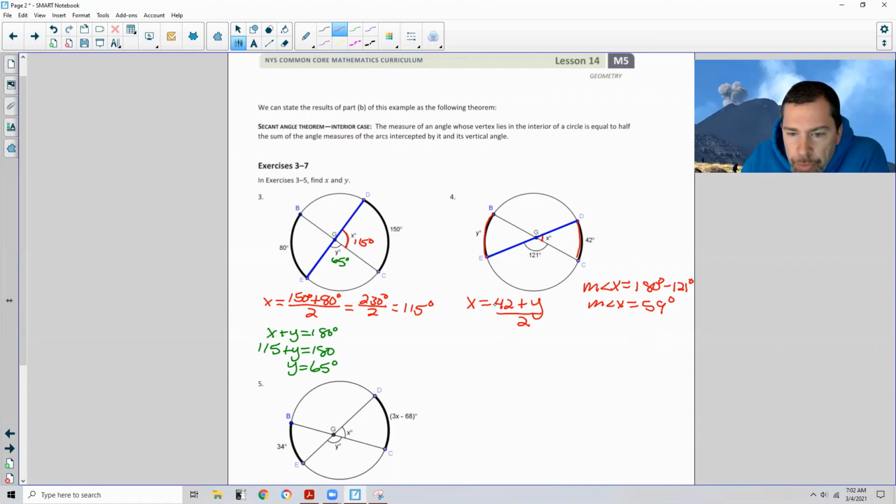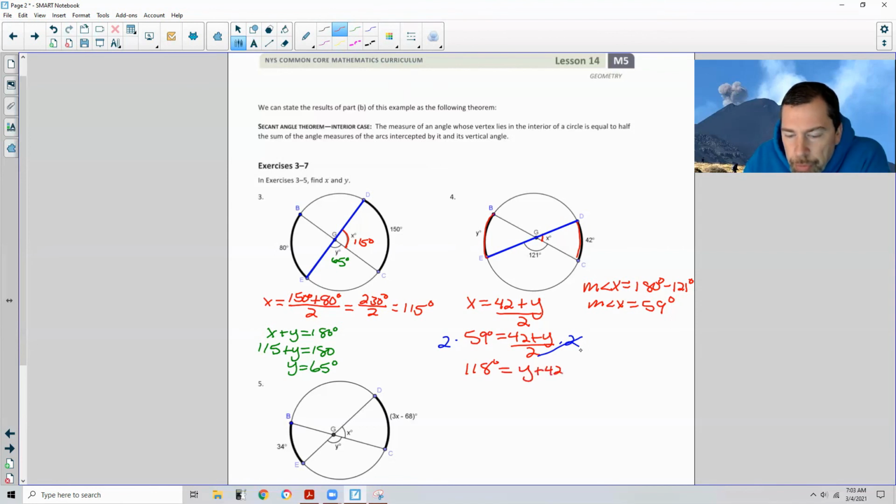The angle equals the sum of the arcs divided by 2. Now I know the angle, so I'm going to put 59 where X is, and it's going to equal 42 plus Y divided by 2. I'm going to multiply both sides by 2 to get rid of this 2 here, and that gives me 59 times 2, which is 118, equals Y plus 42.